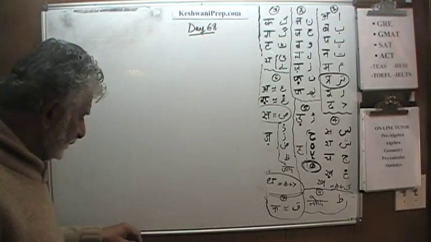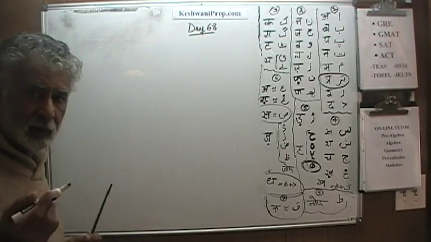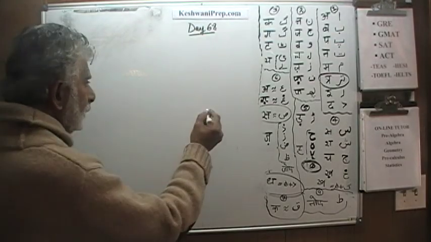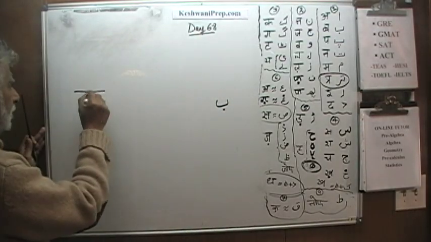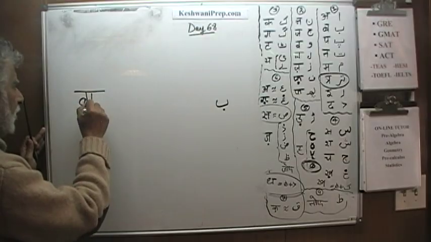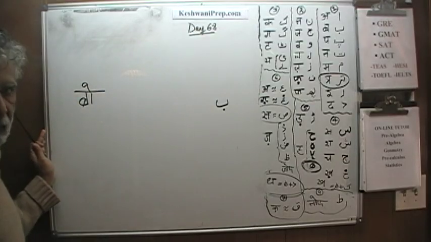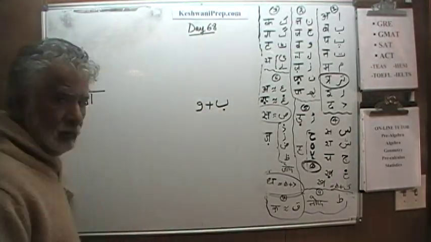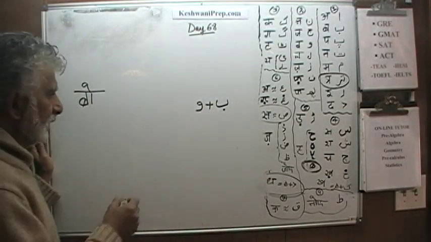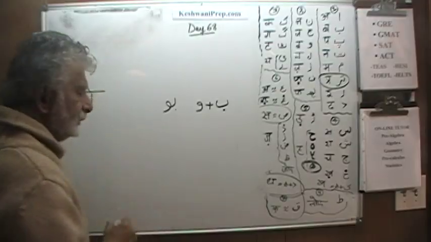As you know, we have done it many times. To make an O ki matra in Urdu, we take our letter, for example, letter B. In Hindi, you just put a line like that and it becomes O ki matra. In Urdu, we combine B with a letter called wow, and that serves as O ki matra, and that gives us bo.